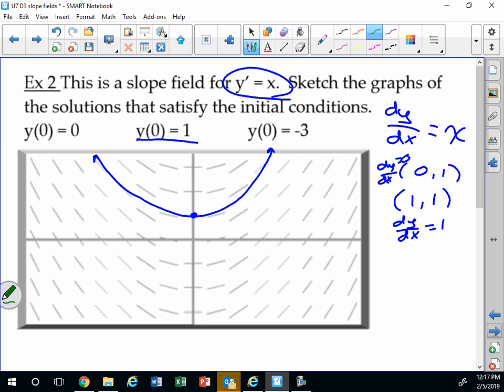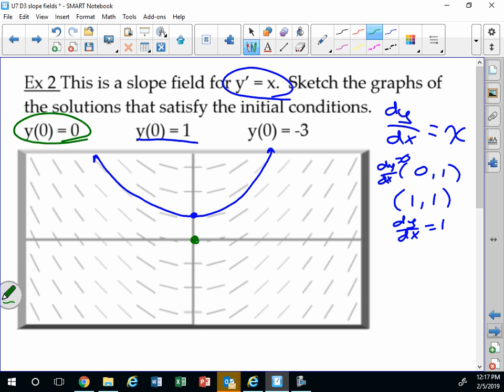I'm going to take a different color. If you've got a different color, great time to have a different color. I'm going to use (0, 0). y of 0 equals 0. So I'm putting a dot at (0, 0). Can you draw me the shape of the graph of the original function by starting at (0, 0)?